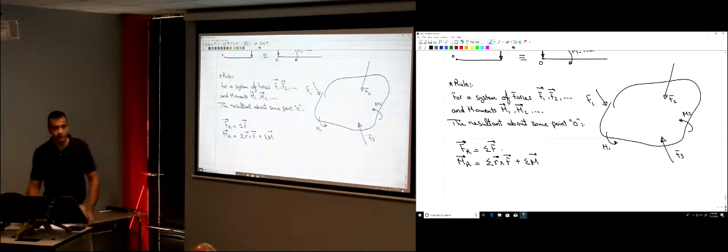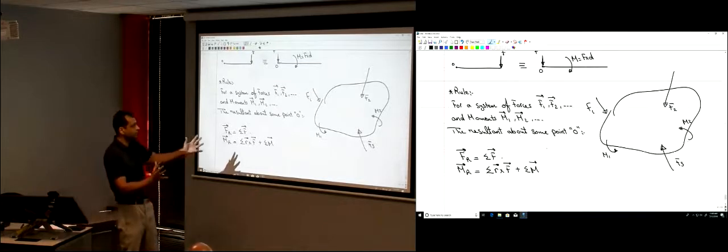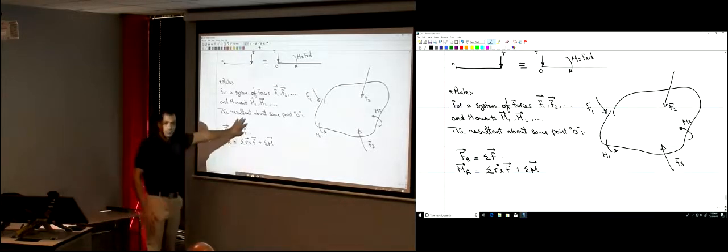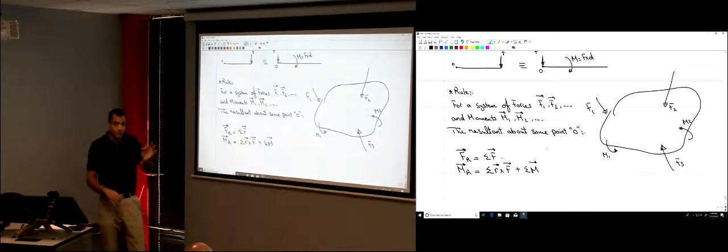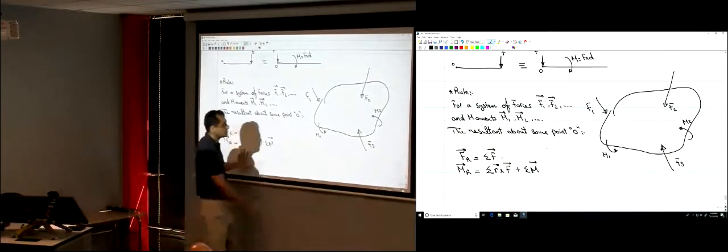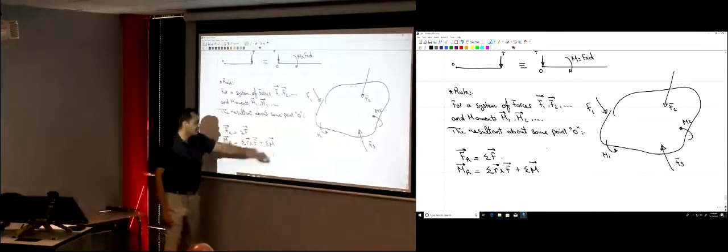Where did I get this from? Those forces, I want to find the resultant of them, so I just added them. But they have a moment effect about some point. So for the moment effect, I just sum those couple moments. This is what we have here.